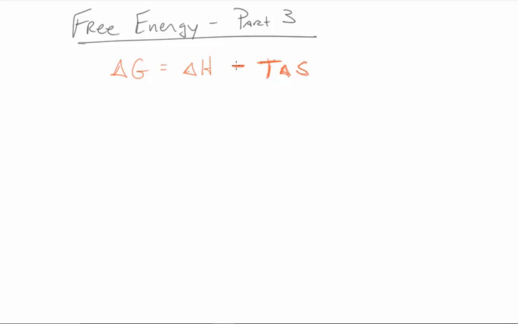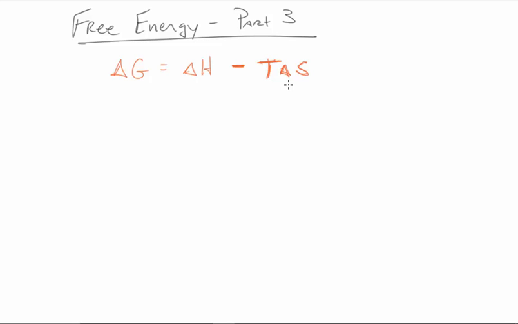All right, and we want to make sure that you get the relationships in here as well. Because remember, the second law of thermodynamics is the end-all be-all for thermodynamic favorability, and it states that the entropy of the universe actually has to increase for something to be spontaneous.